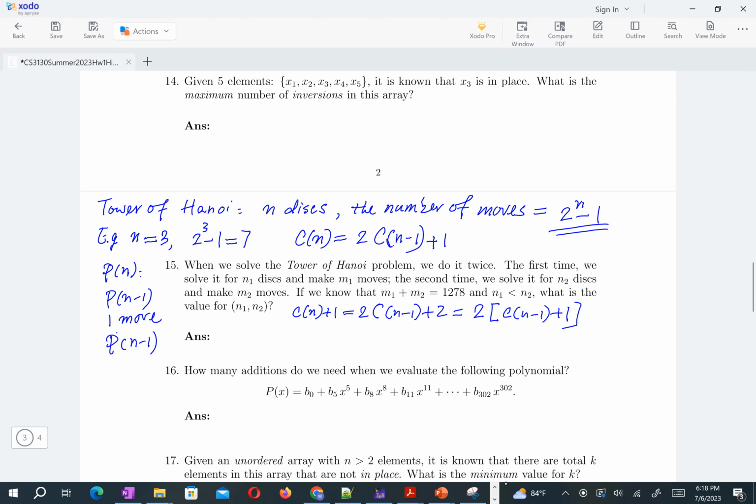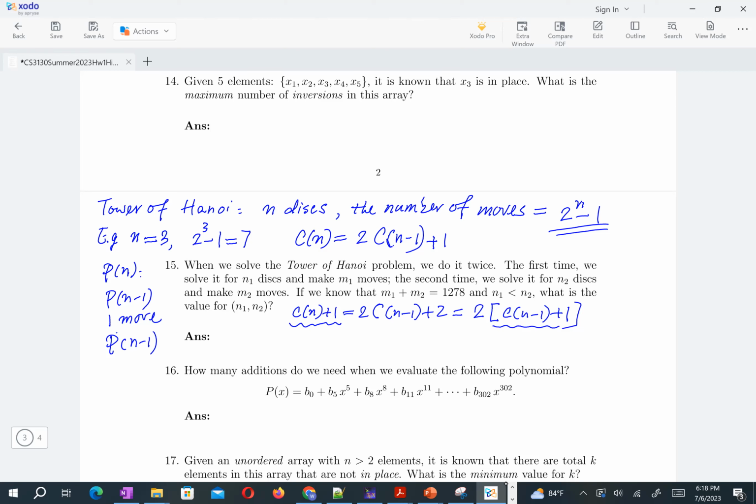Why do we do this transformation? The reason is simple. We want the left-hand side structure, C function plus 1, and the right-hand side inside the brackets to have a similar structure. We explore the similar structure on both sides.